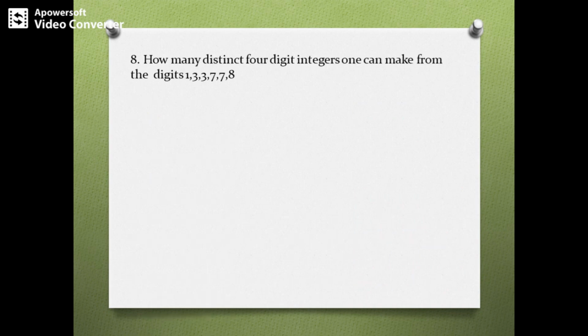So we are supposed to find how many distinct 4-digit integers, how many different 4-digit integers, are possible with these 6 digits: 1, 3, 3, 7, 7, 8. So we can have distinct 4-digit integers.